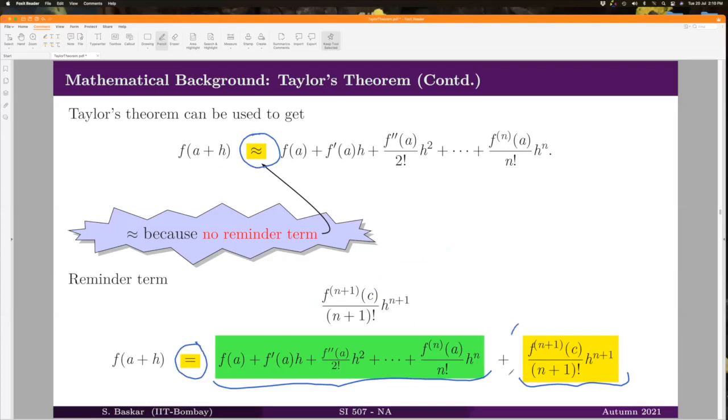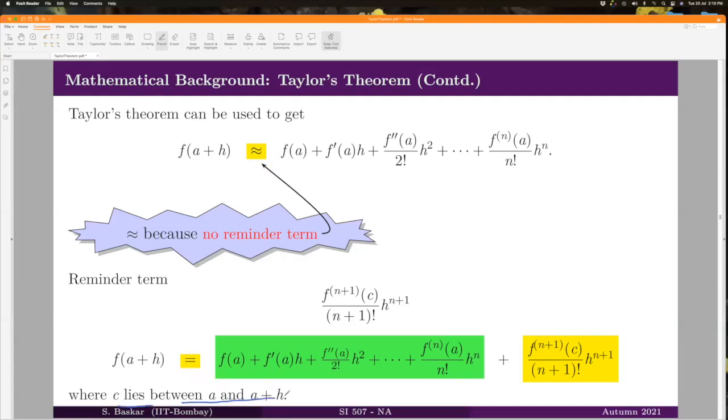And this term, as you know, is unknown, even though you know what f^(n+1) is as an expression, you may be knowing it often, but still you do not know this quantity because c is unknown. I am again and again emphasizing it. That is why we generally need to estimate this term in order to get an idea of how big the error could be. And as you know, c will lie between a and a plus h.